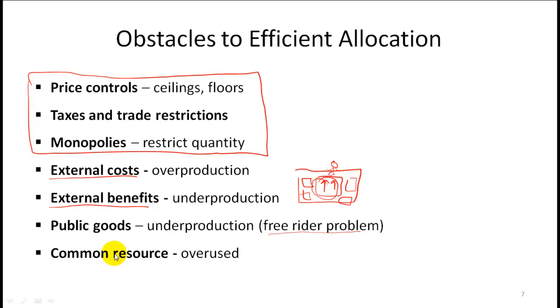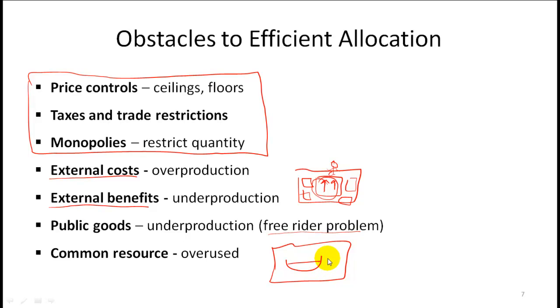What's a common resource? You can think of a common resource as an unrestricted ocean fishery. In an unrestricted ocean fishery, fishermen can go fish, but they are not paying the cost of fishing.